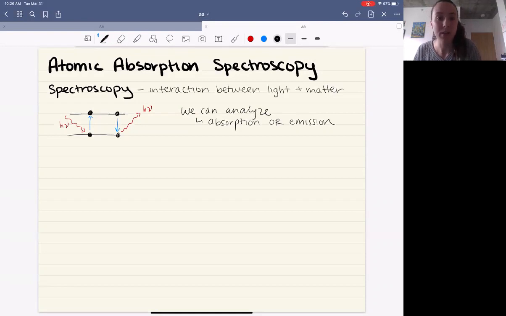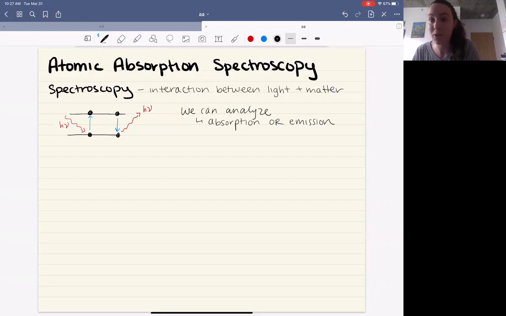So there are a lot of different analytical techniques that use this phenomenon of absorption or emission. In this experiment, we're going to be doing atomic absorption, and that's really useful for atoms.